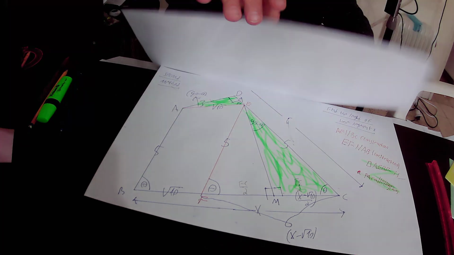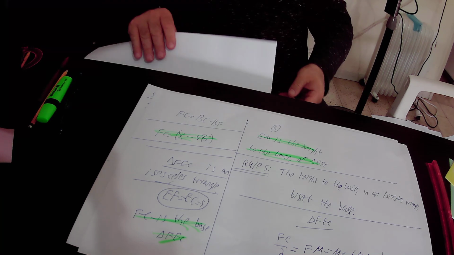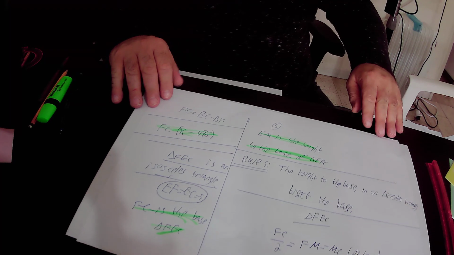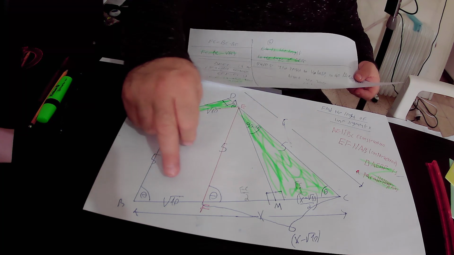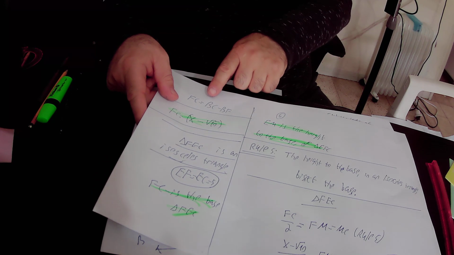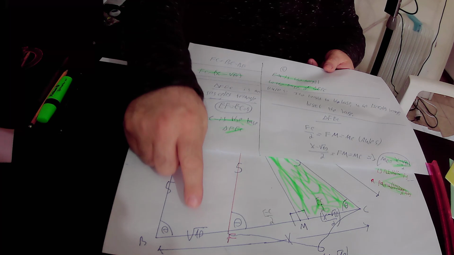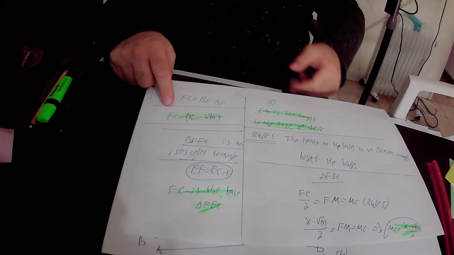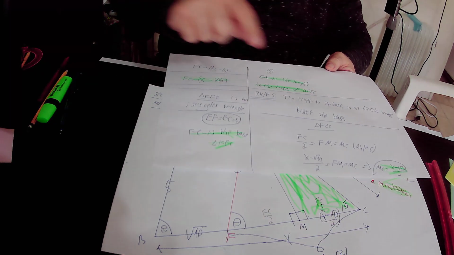BC equals X, according to what is given. So we substituted BC by X, and since BF equals the square root of 10 units, we substituted BF by the square root of 10 units. So in conclusion, FC equals X minus the square root of 10 units.